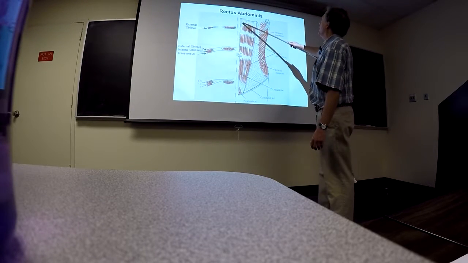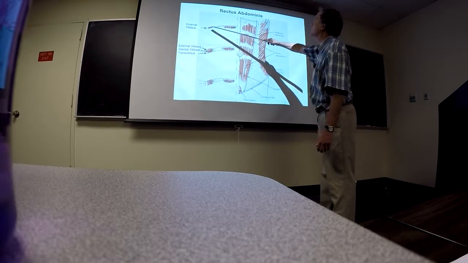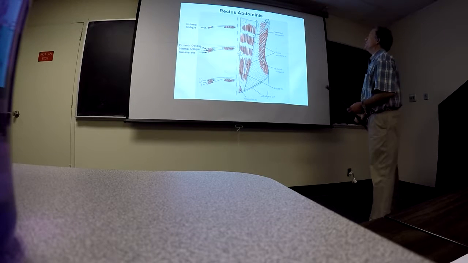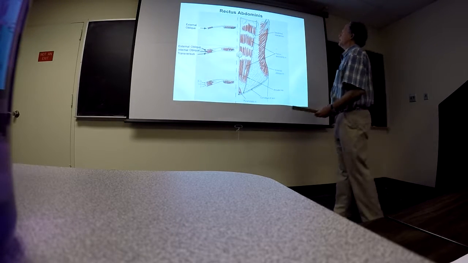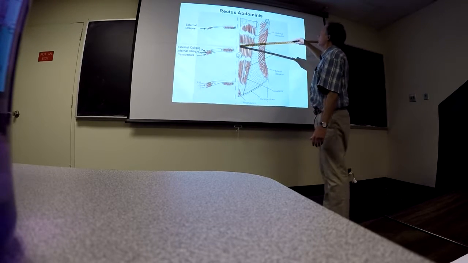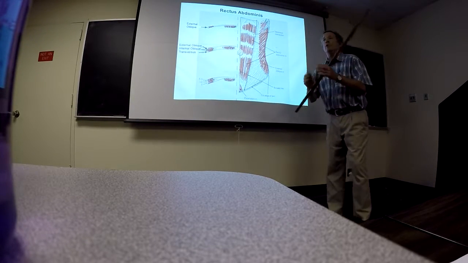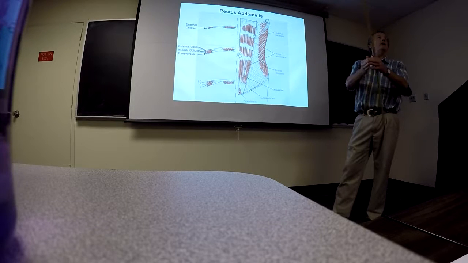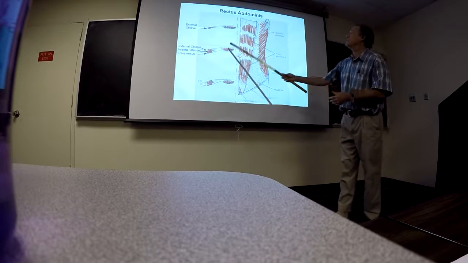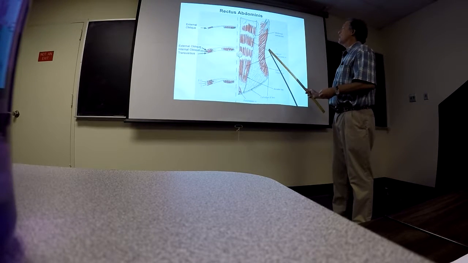And then once you get up here, the only muscle that's available is the external oblique, and it stays in front. So the upshot of all this is that from about here up, the rectus abdominis is enclosed in a fibrous sheath, made up of the tendons of these muscles on the side.